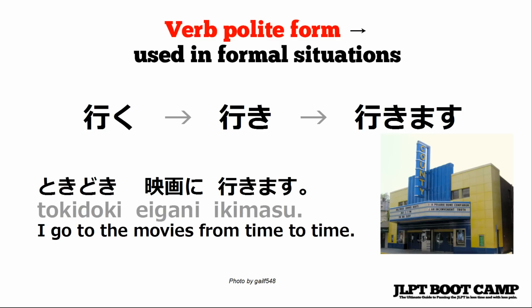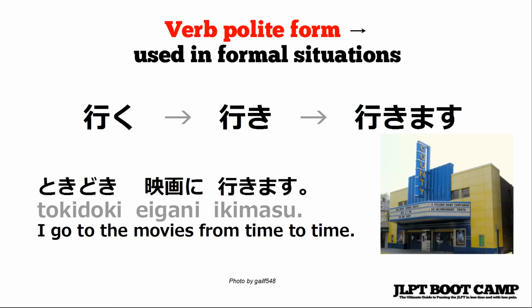For example, iku or motsu, so mochimasu. You change that last sound into the i sound to make this formal conjugation. So, for example, the example sentence here is tokidoki eiga ni ikimasu. I go to the movies from time to time.